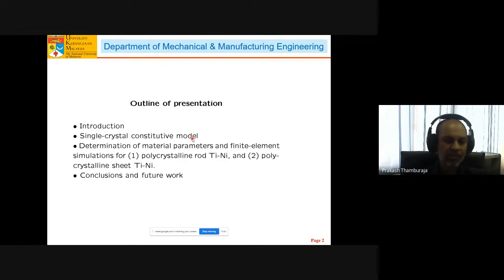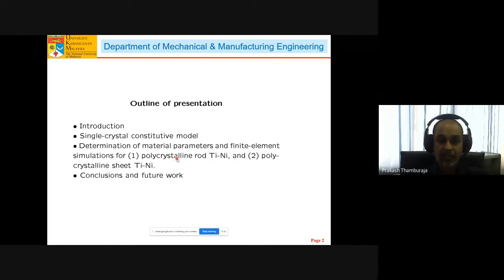I won't go too much into detail with the mathematical model and the computational implementation. If you need more information regarding these models and the computational implementation, you can refer to my published papers, which you can find on Google Scholar and so on.